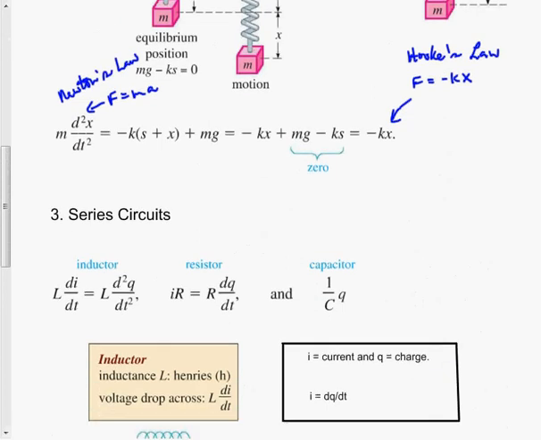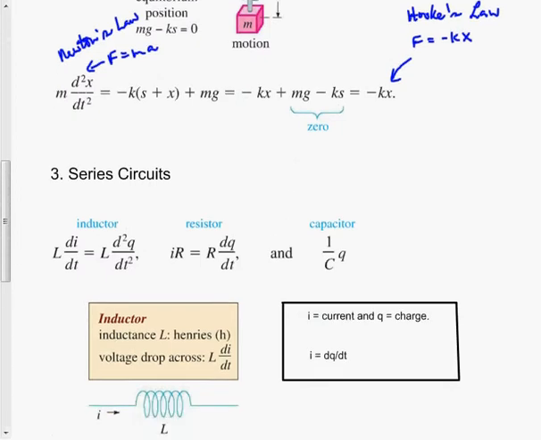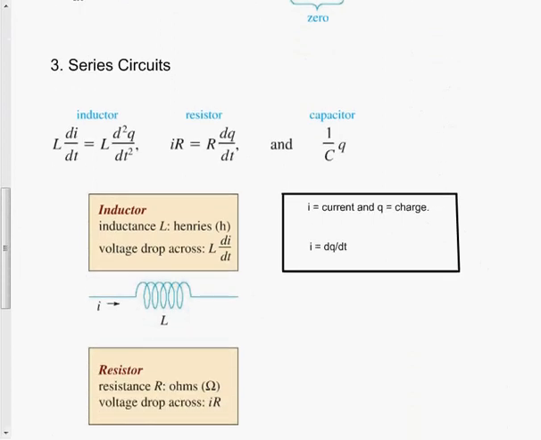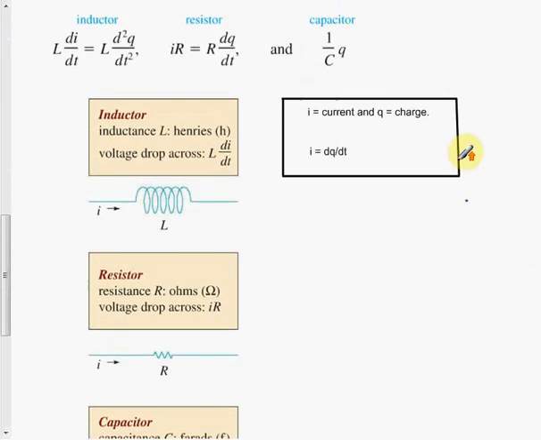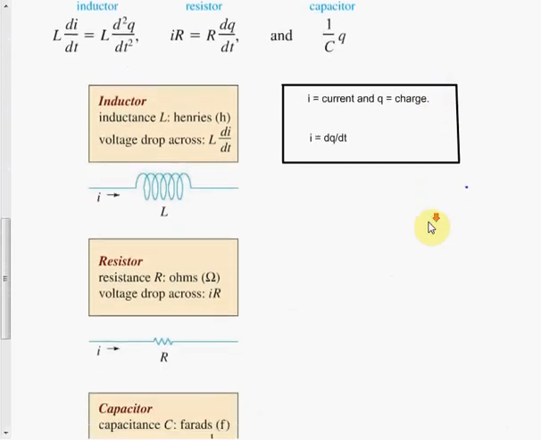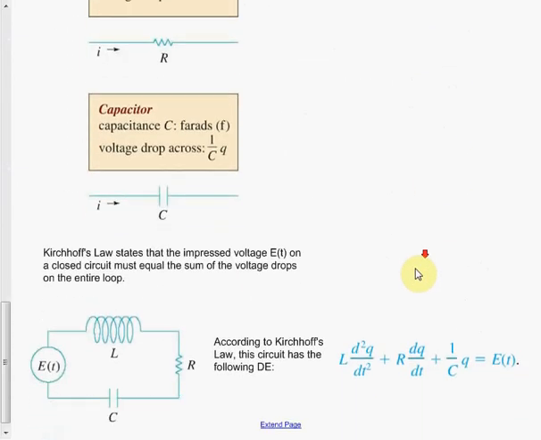The third model talks about series circuitry. Here the concept will be based on Kirchhoff's second law. Let me see if I can pull up an image. If you want to consider the current on a circuit, if you have some kind of loop here.